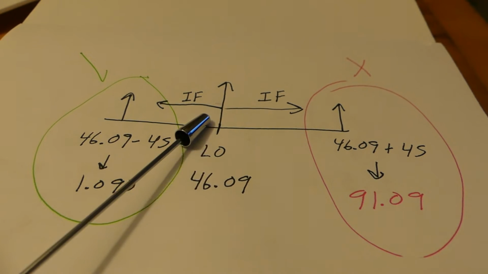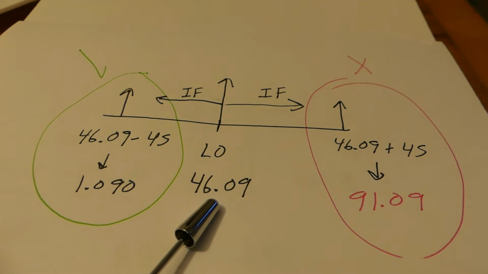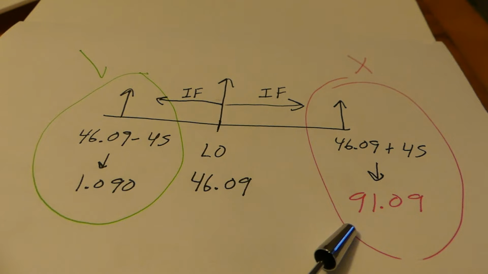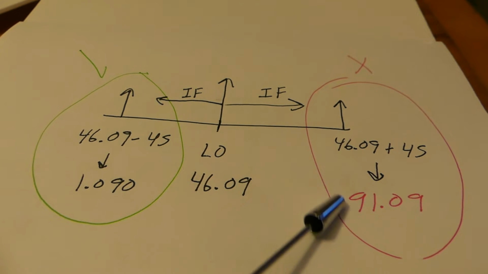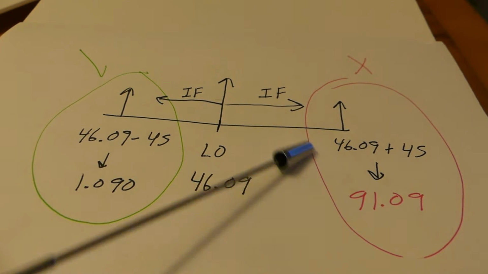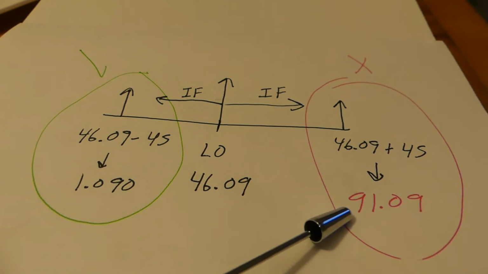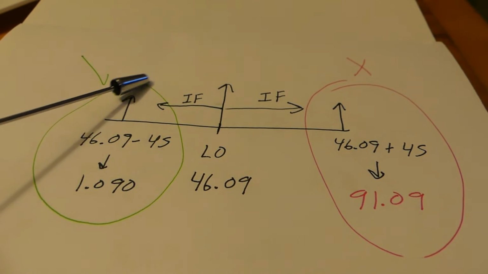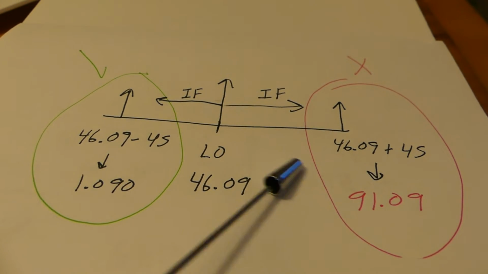But if we take the LO, which again is 46.09, and we add 45, we get 91.09. Well, 91.09 is in the FM band. So this frequency up here at 91 megahertz is also going to mix down to 45.